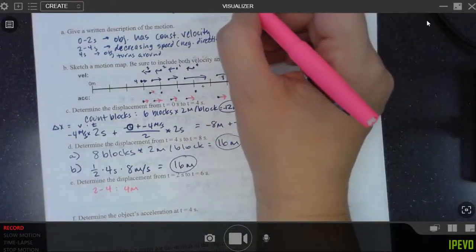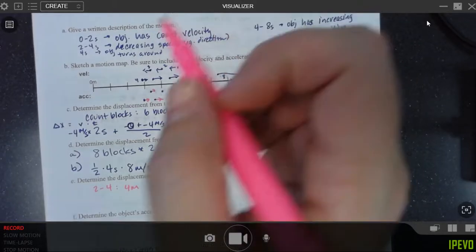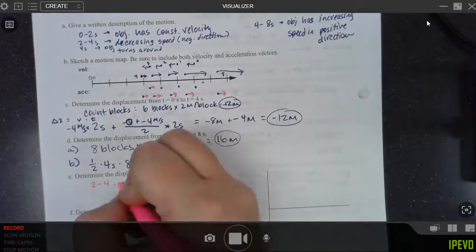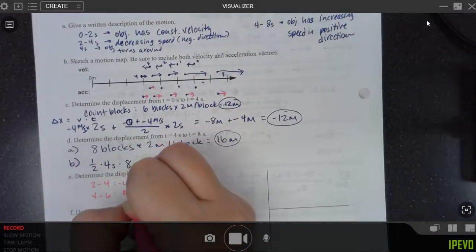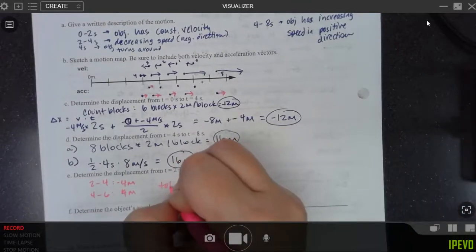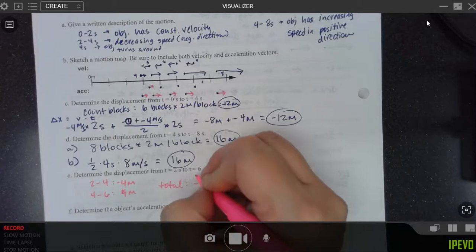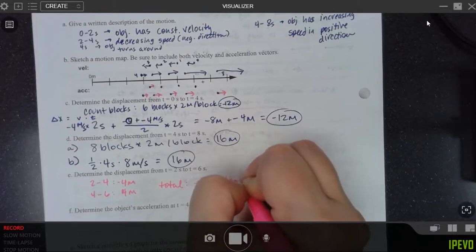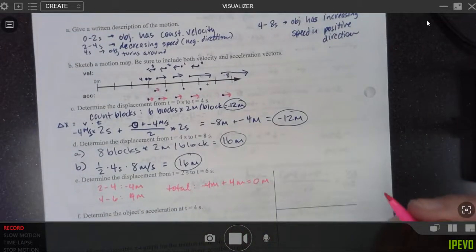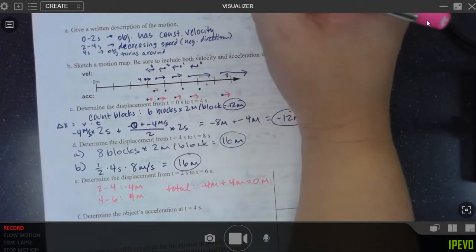So half of the base would be 1 second times the height, which is 4. So from 4 to 6 is going to be plus 4 meters. So our total is going to be minus 4 meters plus 4 meters equals 0 meters. So from 2 to 6 seconds, there's been 0 displacement.